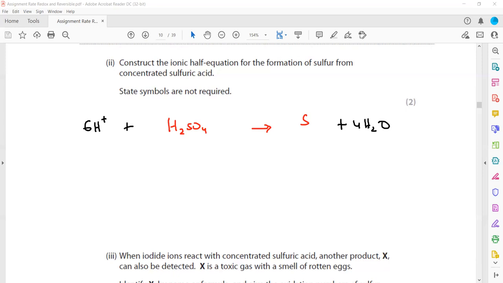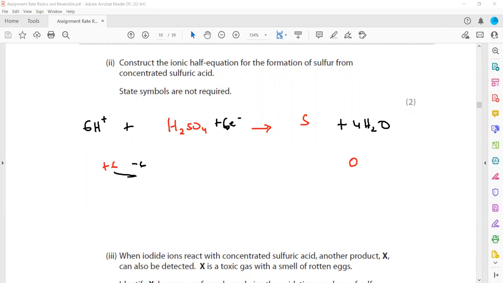Then we have to balance the charge. How to balance the charge? This is plus 6 on the left hand side and neutral on the right hand side because there is a sulfur atom and water molecules. So to make it neutral on the left hand side, we add electrons. How many electrons should I add? I should add 6 electrons, because each electron is -1, so 6 electrons will be -6.